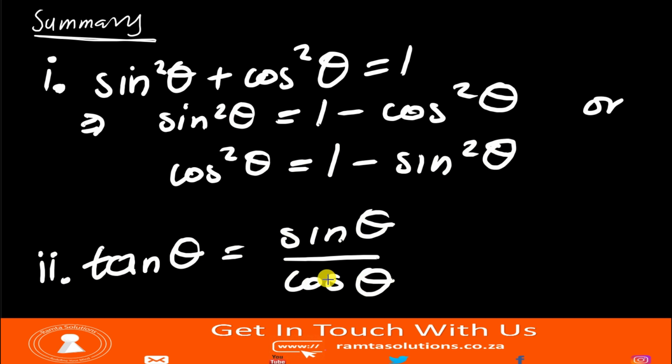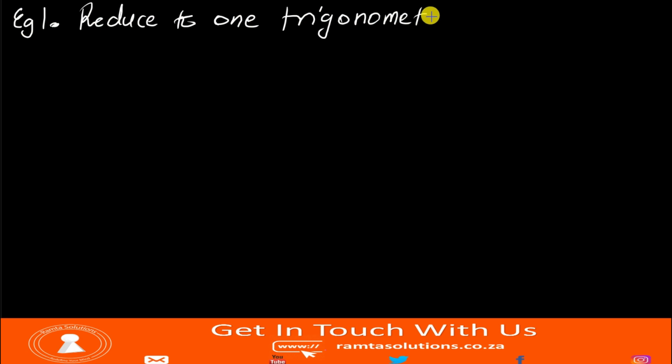Now let's try to do some examples. This is example 1. It says reduce to 1 trigonometric ratio. What are we reducing? Number 1: sine theta over cos theta.